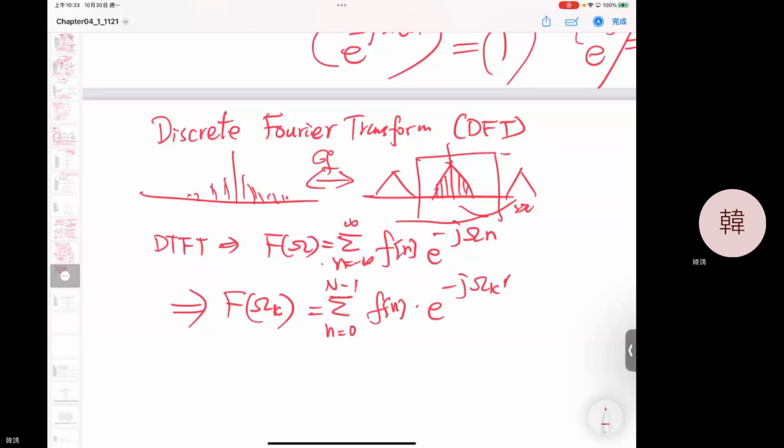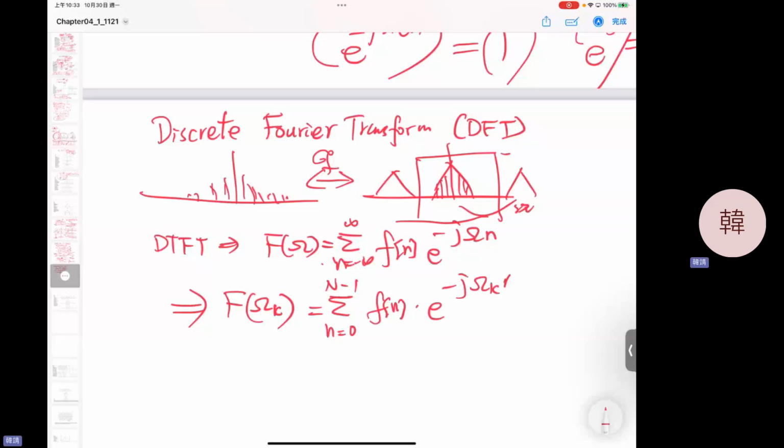is 2 pi k over n. And what do you mean? One periodic spectrum into n points. N points, the same as your time domain, the same as your spatial domain points.